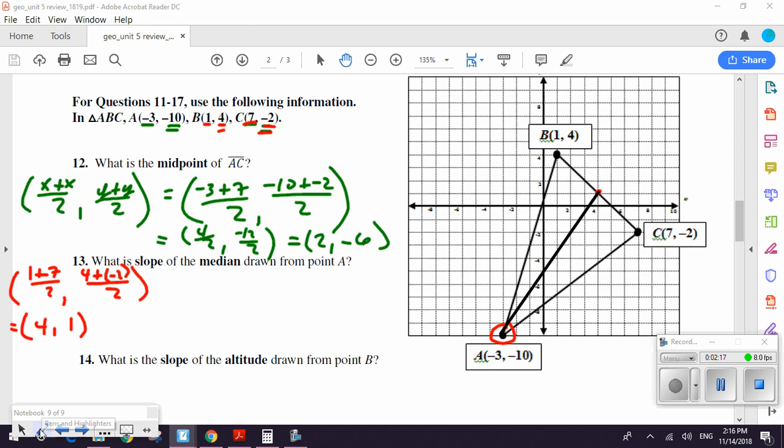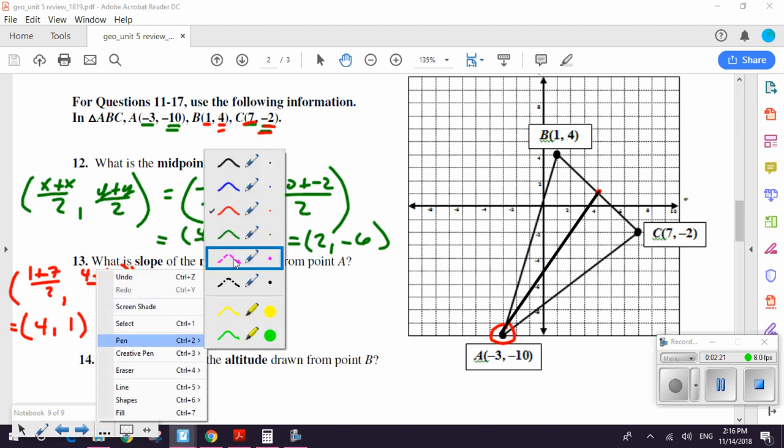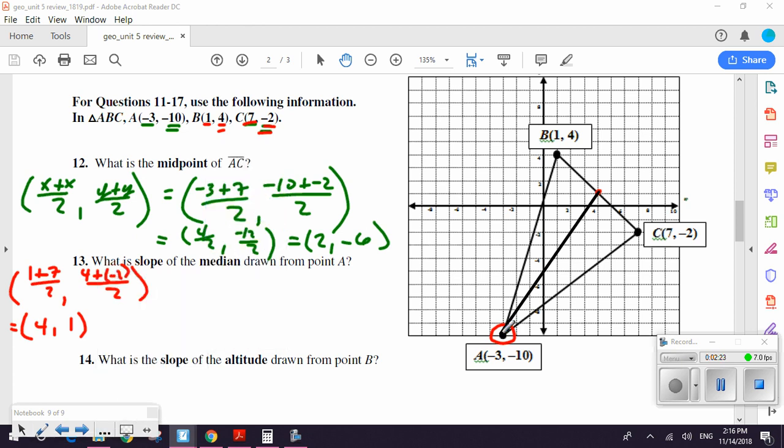So to find the slope, we all know that slope is rise over run. So you can count, hop, skip all the way to get from point to point. That's fine. But again, work means showing how many hops you made.